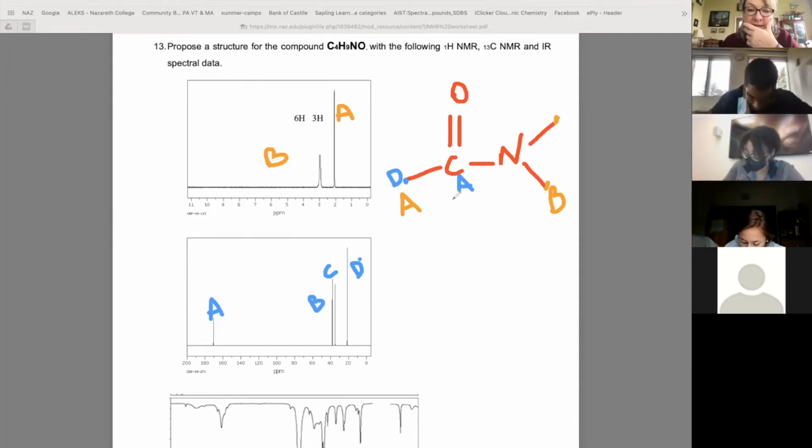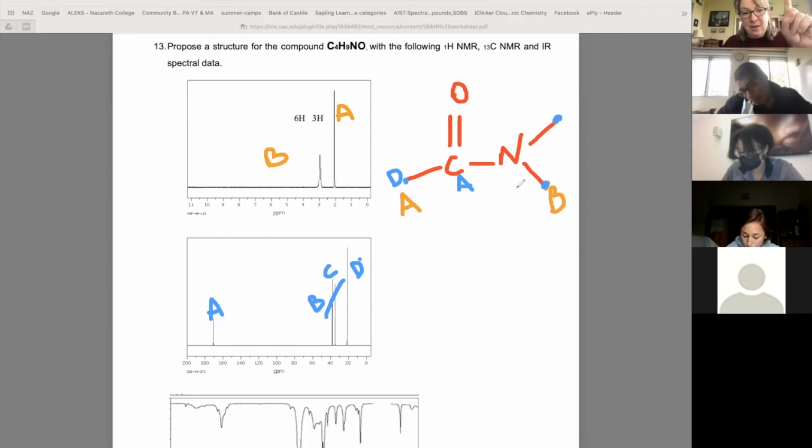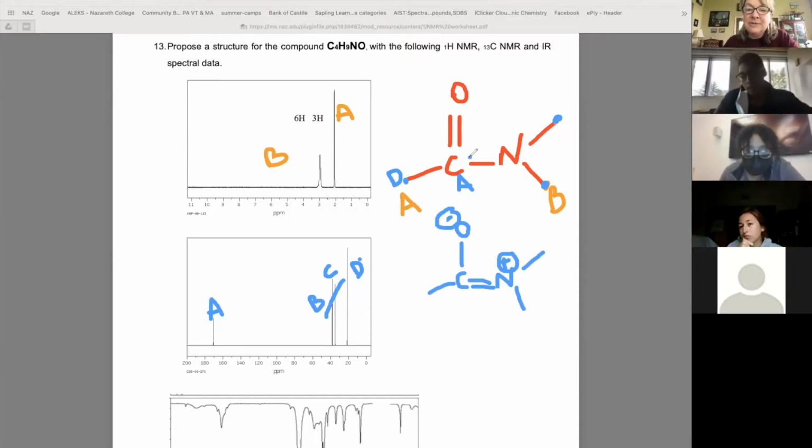This carbon is less electronegative than nitrogen. And so now we have B and C that are going to be these 2 groups right here. And the reason that they're different and not the same is that this compound has a resonance structure. And so sometimes this is a double bond, and then this is a partial double bond. And so those 2 are different.